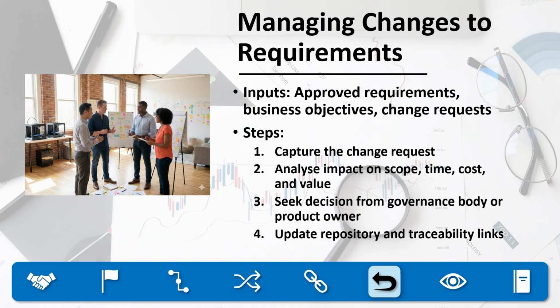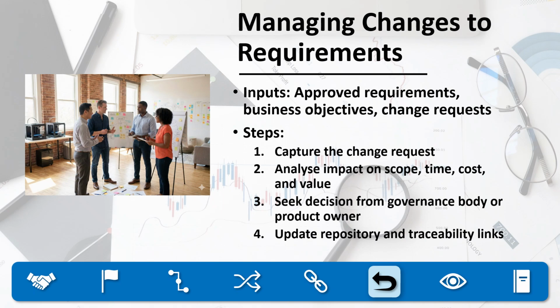The process begins with recognizing the inputs to change management: approved requirements, defined business objectives, and formal change requests. From here, a structured set of steps ensures that changes are handled consistently. First, every change request must be captured in a systematic way, whether through a backlog item, a form, or a digital workflow.